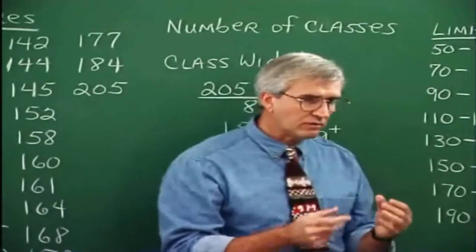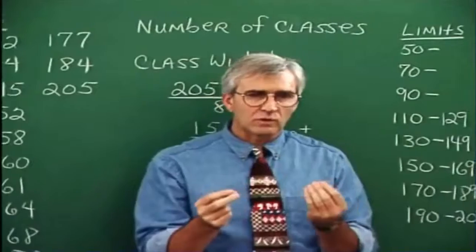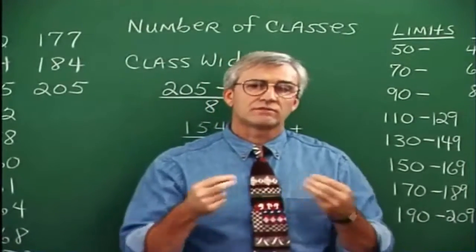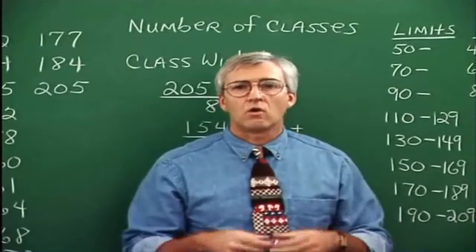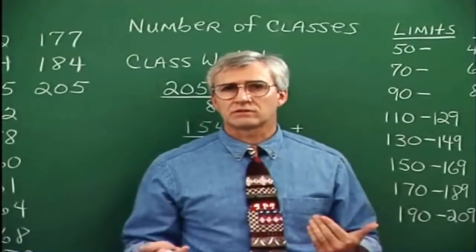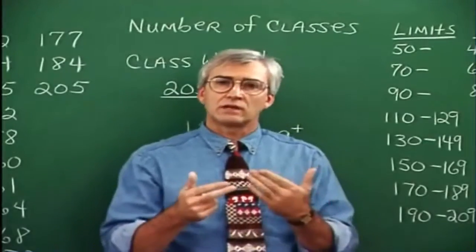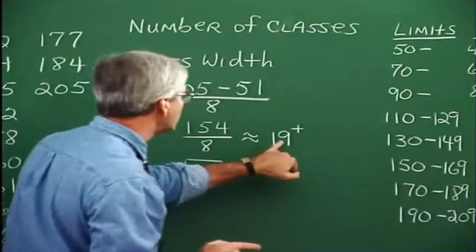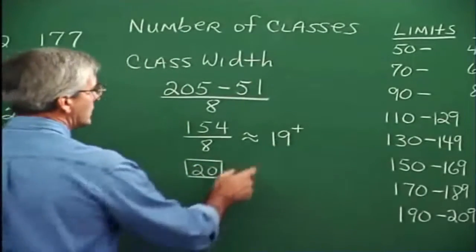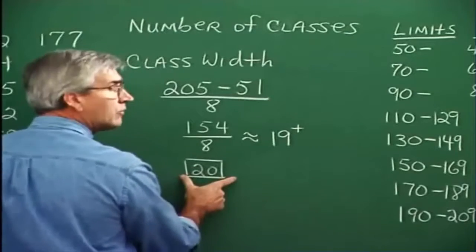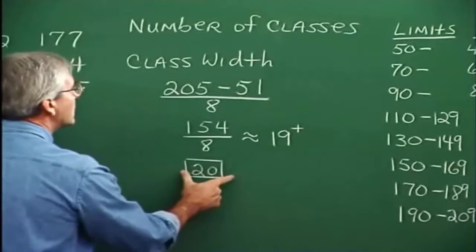Now, this class width should simply be convenient for you. A class width of 10 or 20 or 30 or 50 or 100. Those are convenient sizes for class widths if you can possibly achieve that. Now here, we're very close to 20. So since we're just over 19, I've bumped it up a little bit, and we'll make 20 the class width.